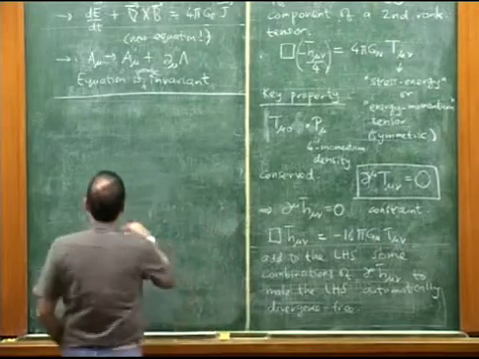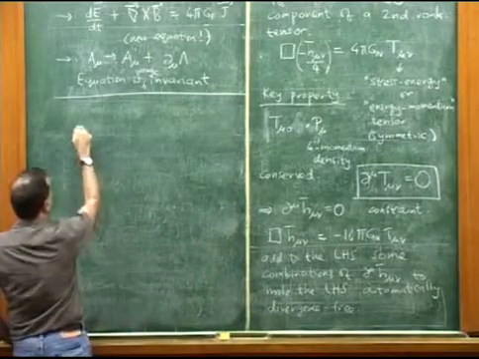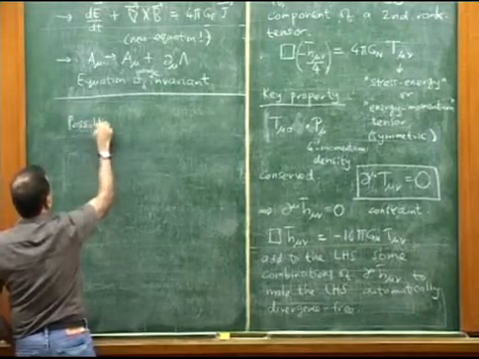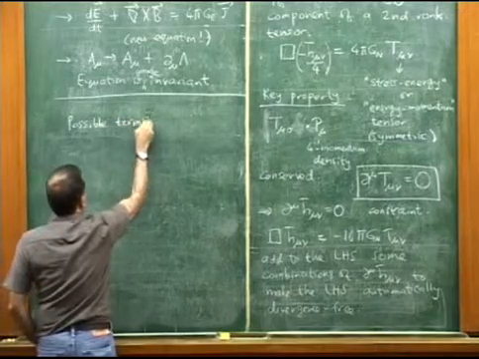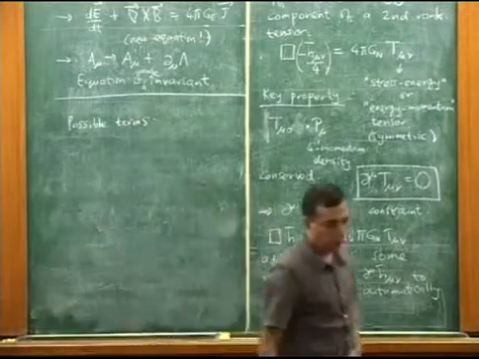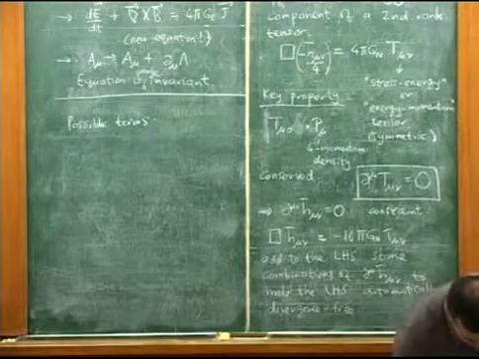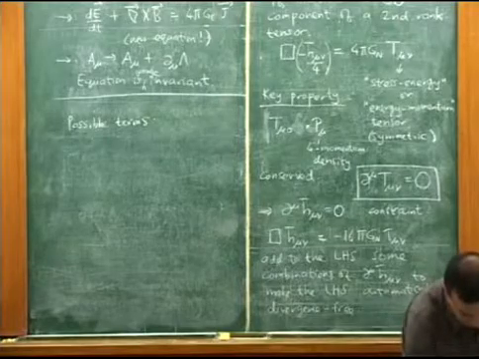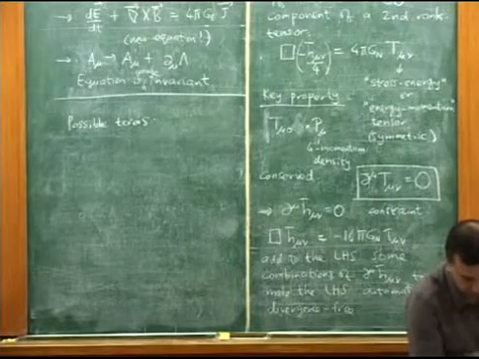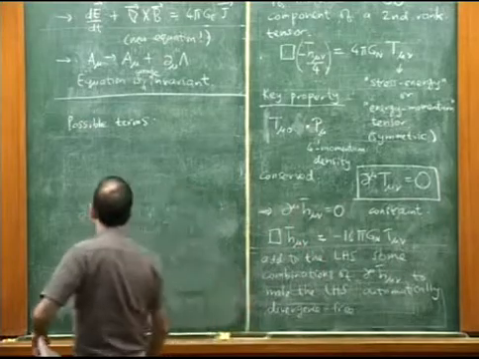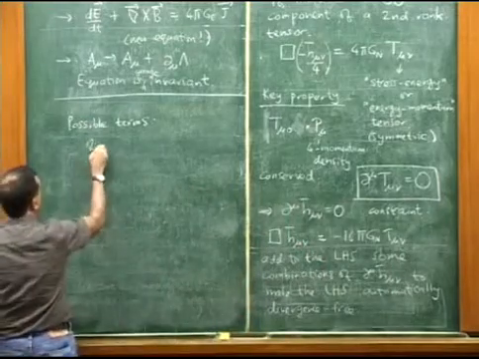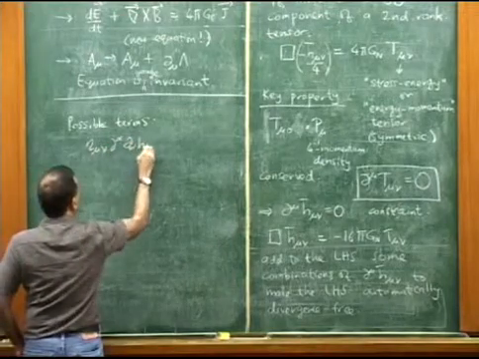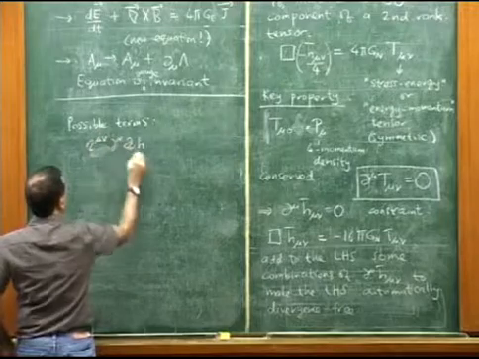So let's try. So the possible terms are eta^mu nu del_alpha del_beta h bar^alpha beta.